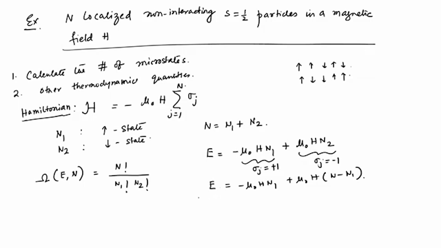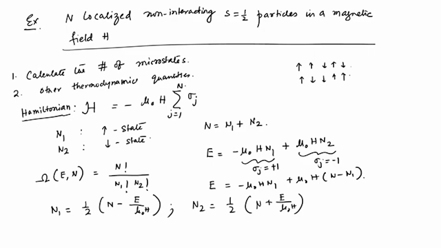So, what we can do is that instead of this N variable, we can use the E variable, by simply writing N1 equal to half of N minus E over mu 0 H, and N2 equal to half into N plus E over mu 0 H. Okay. So, these two will now replace the denominator of this number of microstates. Let us denote it by equation number 1.